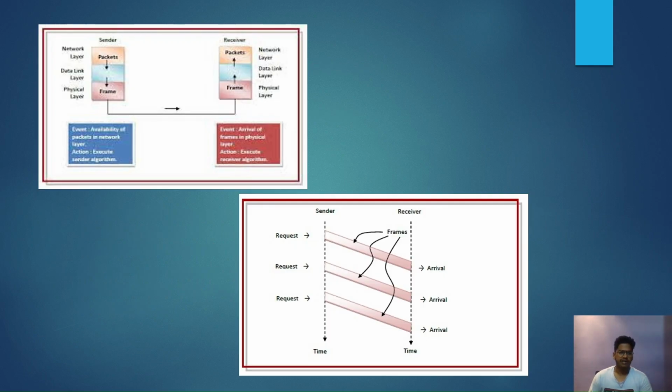So in this diagram, we can see the frames which are transmitted from the physical layer of the sender side, which is received by the physical layer of the receiver side. And in this diagram, we can see that there is only one frame transmitted, which is when the sender accepts a request, there is a frame sent, and there is only one frame being received by the receiver. And this process goes on.